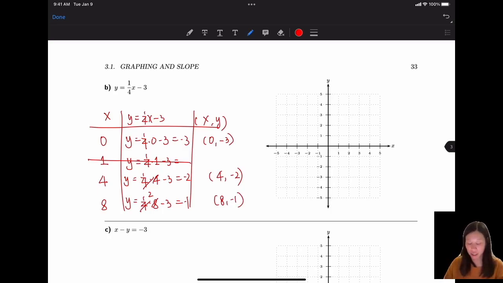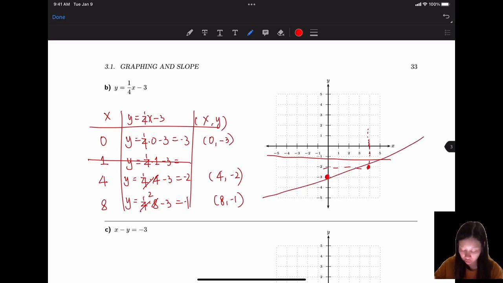But again, like I said, you try to choose something within the range, which in our case is 5 to -5. So we will pick the first two, 0 and -3, 4 and -2. And then we connect these 2 points together. Here it is. That's our equation.